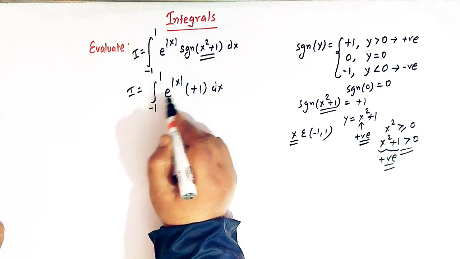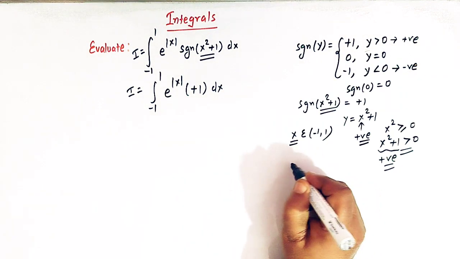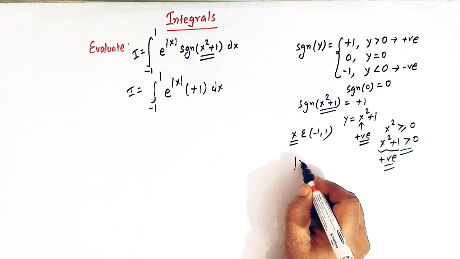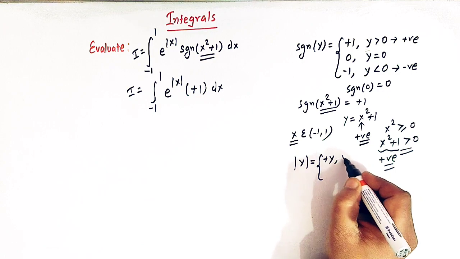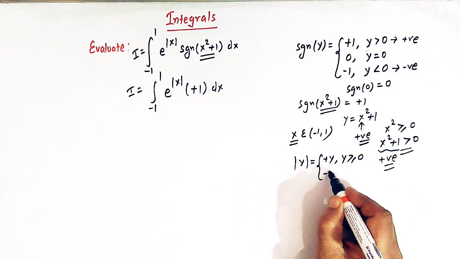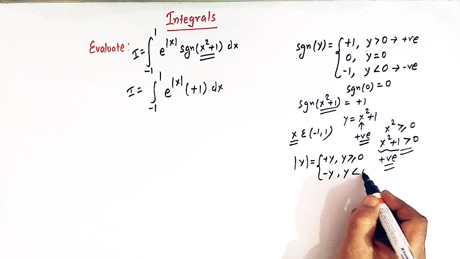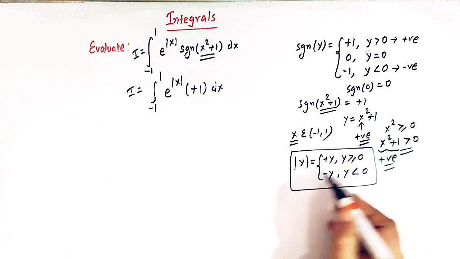Now we'll make use of the definition of the mod function. Mod of y is defined as positive y whenever y is greater than or equal to 0, and mod of y is negative y whenever y is less than 0. So this is the definition of the mod function.